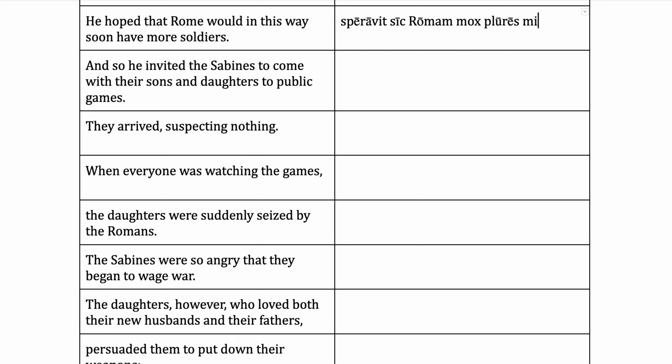So therefore the word miles, which is a soldier, we need to put in the genitive plural. So the genitive singular is militis, so it's third declension. So the genitive plural is militum. And then, so that gives us more soldiers.